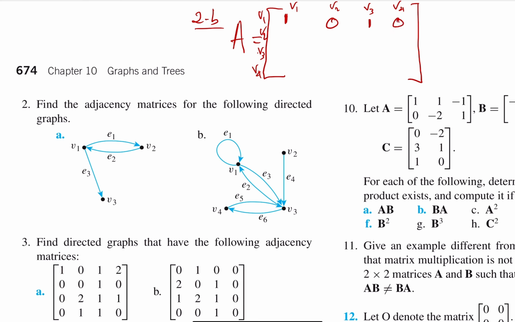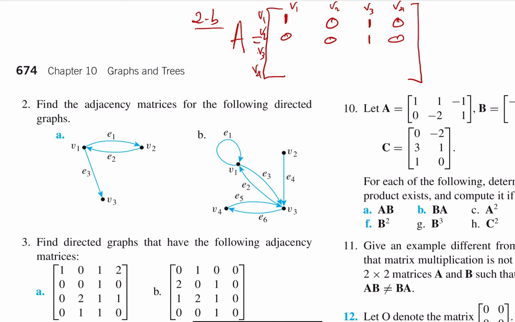V2, V1 is right here. V1 we don't have, it is 0. V2, we don't have a loop, it is 0. V2, V3, we have one direction. V2, V4, we don't have an arrow.